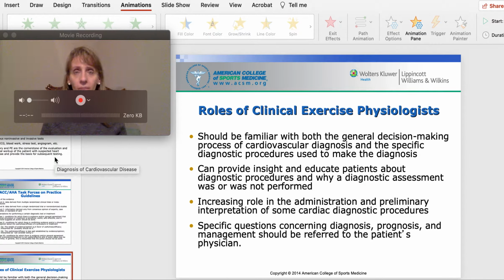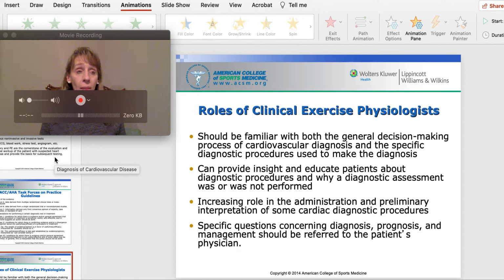these. Then I'm going to talk a little bit about who are we, those of you heading on to grad school that want to work in a clinic, some of you don't, but what is a CEP? You know, where do they work, right? So a CEP is someone who needs to understand decision-making process of CVD, as well as all of the diagnostic procedures a patient can go through.